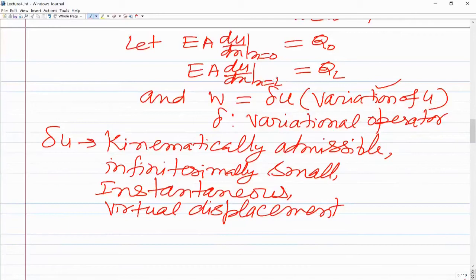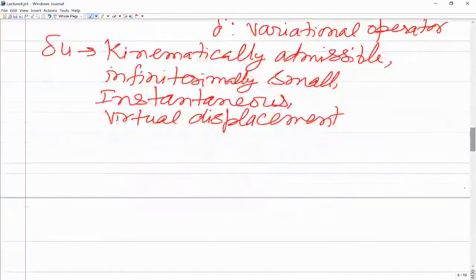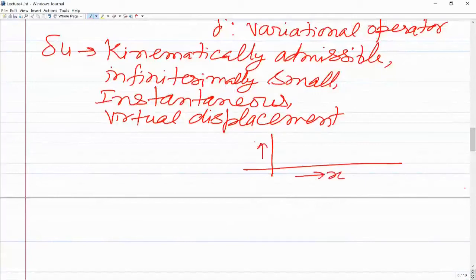Now what do we mean by variation? Let me explain through a graph. Let us say we have u as a function of x. On this side we have u, and on this side we have x. A given problem will have some boundary conditions. Let us say the boundary conditions are at x equal to 0, u is 0, and at x equal to L, du by dx equal to 0.